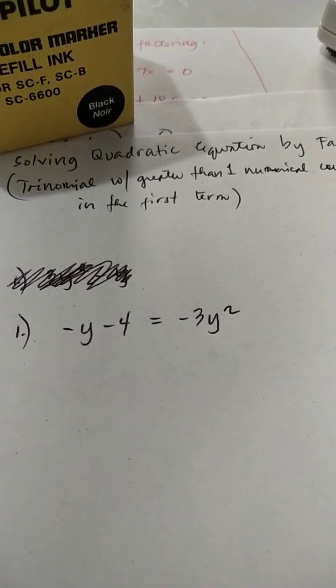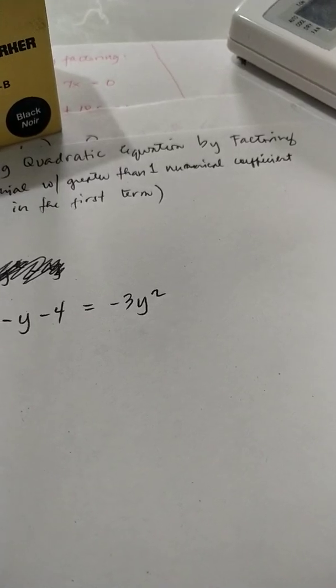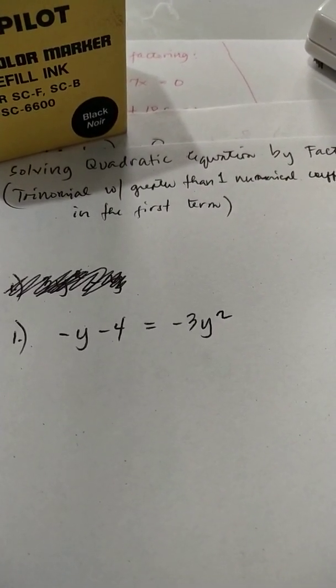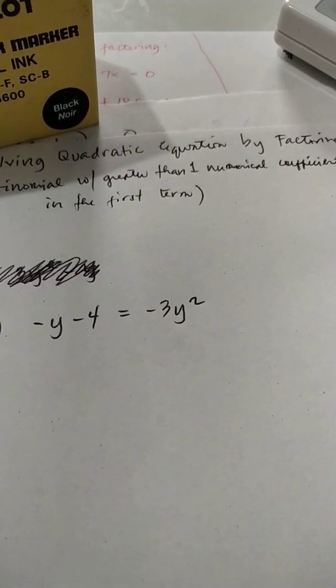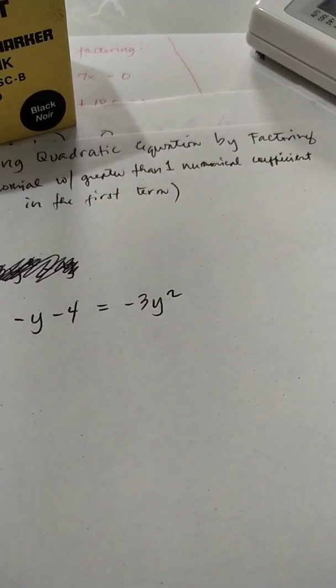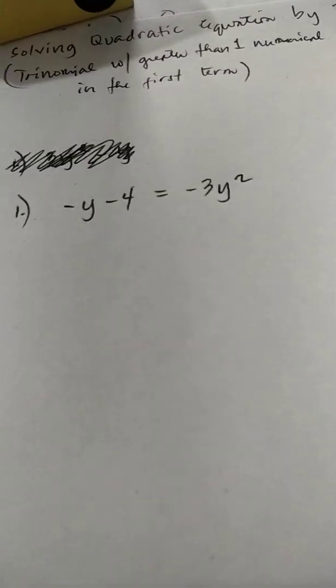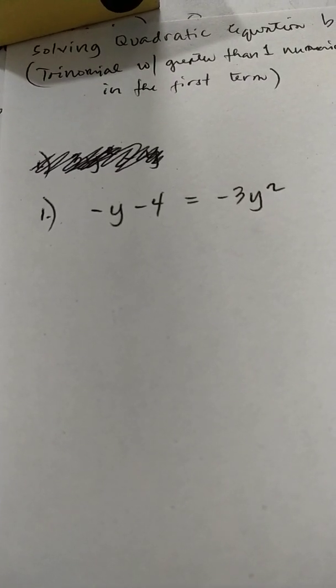Again, we are about solving quadratic equation by factoring. It involves trinomial with greater than one numerical coefficient in the first term. For example, we have this given negative y minus 4 equals 3y squared.